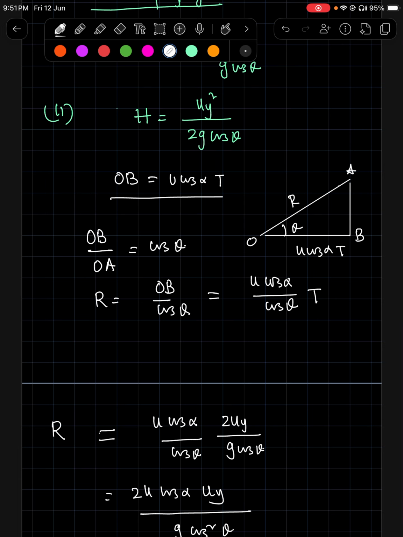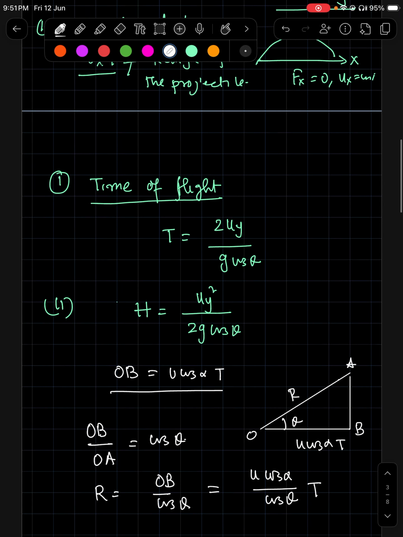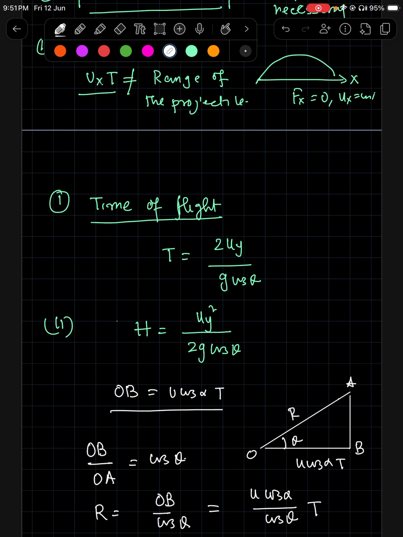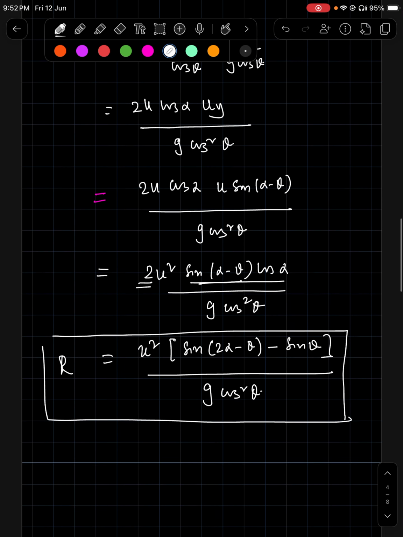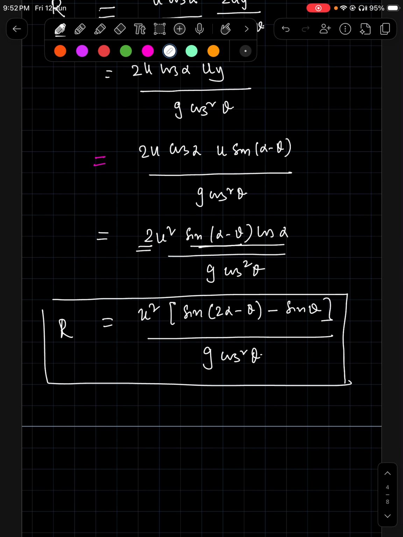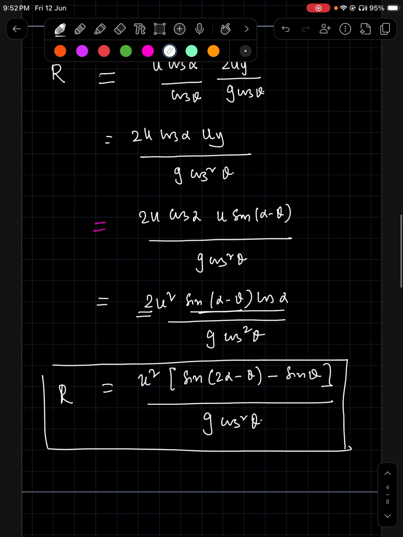I think the students now can understand how much easier it is to deal with projectile motion if I know all the formulas in terms of ux and uy instead of u sine theta and u cos theta. I am just replacing g by g cos theta and keeping ux and uy the same, and in the last I bring all the things together to get the expression of the range. Is it clear? It should be clear because it is a very easy formula.